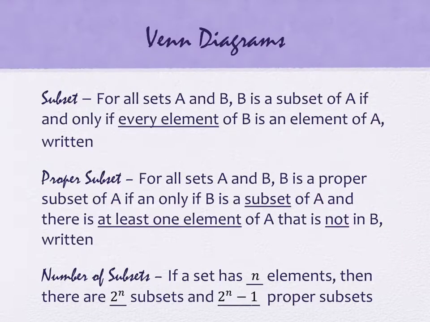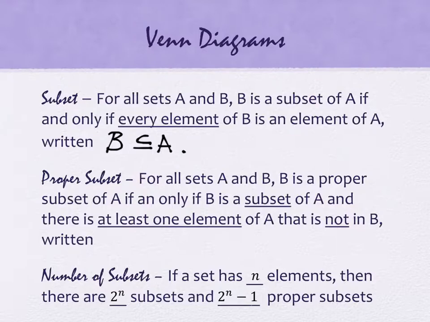So if we have a set A and a set B, we would say that B is a subset of A if and only if every element of B is an element of A. And the way that we write subsets is this.